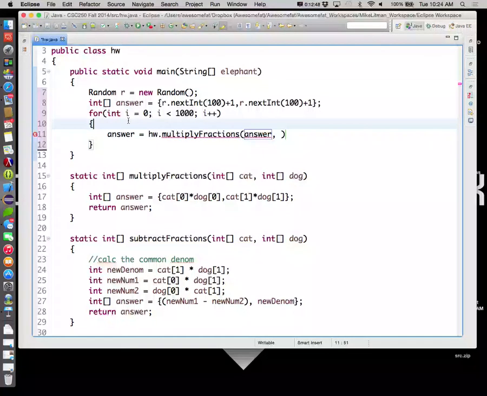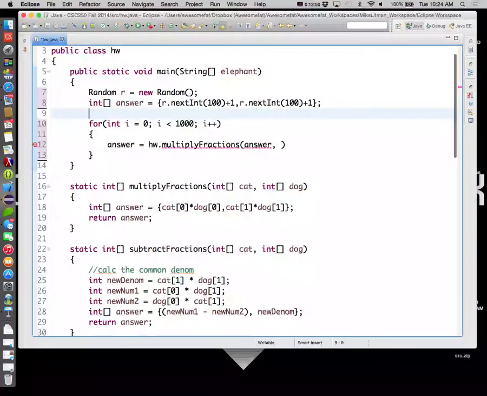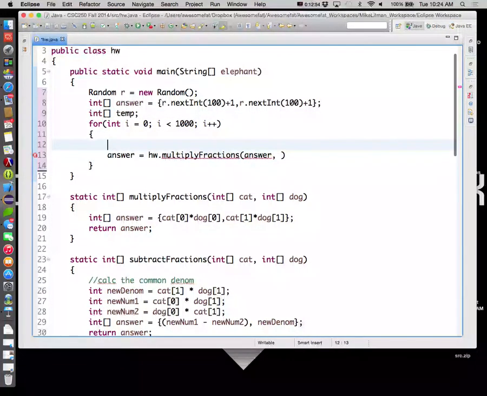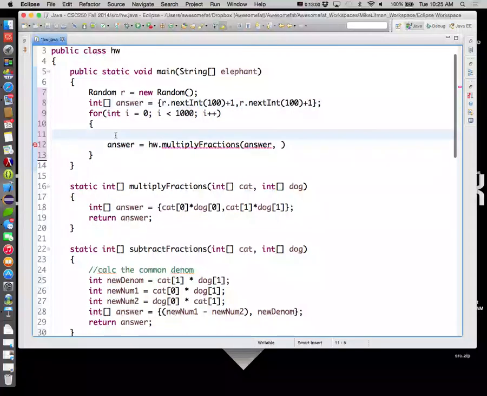and I'm going to need to give myself a temporary fraction here. So int array temp for the loop, and then I'll say temp is, oh, actually we can't do it that way. I have to define it in the loop in order to use our special syntax. So it's going to be the same thing as what I did for my answer up there.